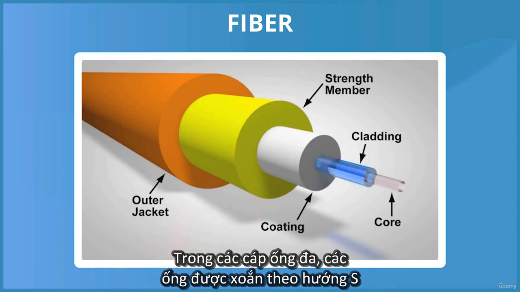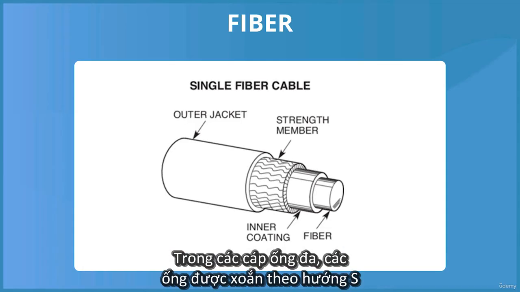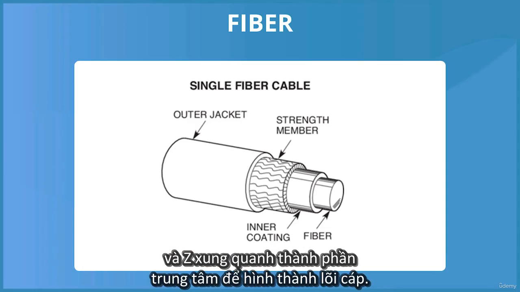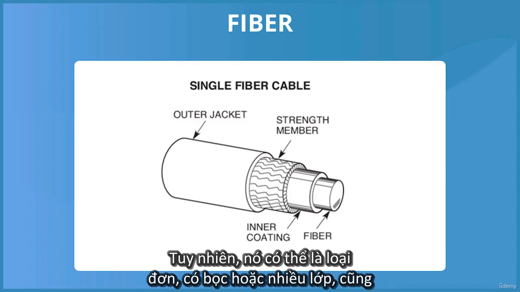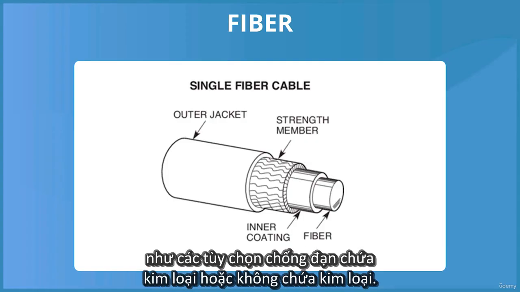In multi-tube cables, the tubes are twisted in the S and Z directions around the central member to form the cable core. Kevlar or glass fiber is used to provide the desired tension on the cable core. However, it can be single-sheathed or multi-sheathed, as well as metal-containing armor or metal-free armored options.